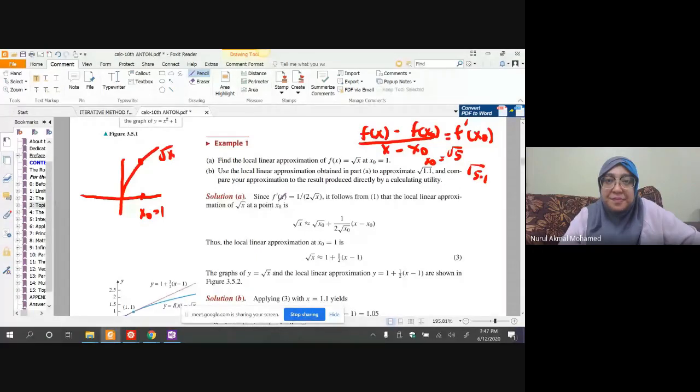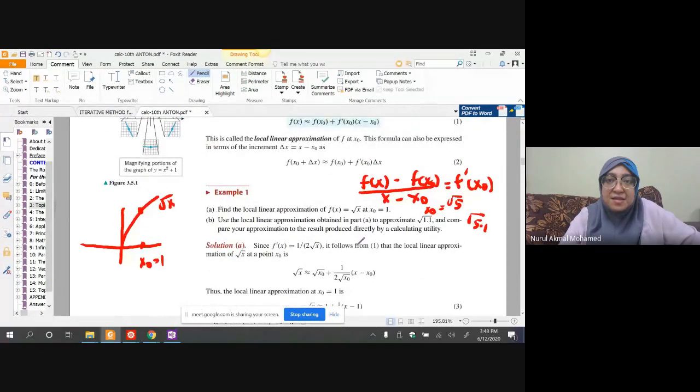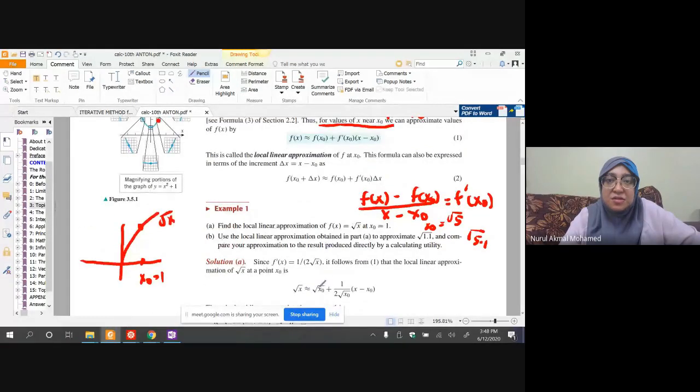Okay. So the formula is given by this. f of x is approximately equal to f of x naught plus f prime of x naught multiplied by x minus x naught. We have f of x equal to x to the power of 1/2.